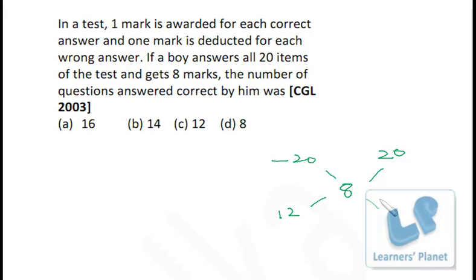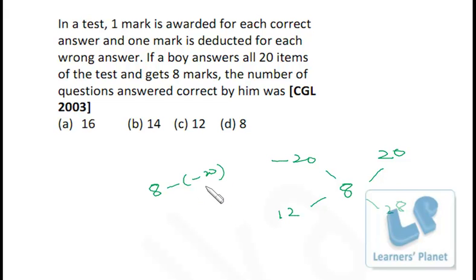In case of alligation, you have to be very clear that one number is bigger than this number and one number is smaller than this number, right? So this should be subtracted from the bigger number, and the smaller number should be subtracted from it. If we subtract minus 20 from 8, it will be written as 8 minus minus 20. That is the only thing you have to be careful about, right?